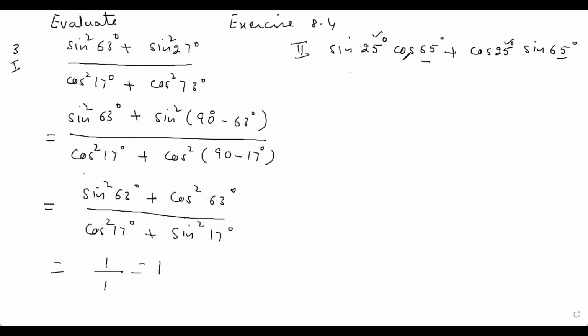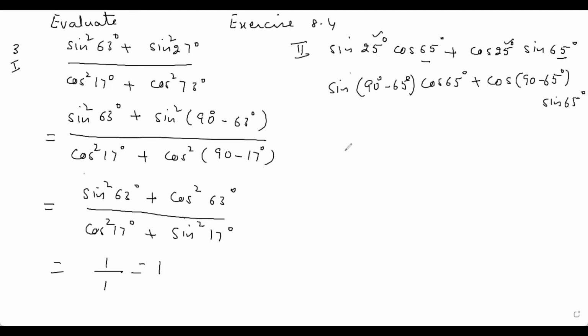So let me change 25 degree. So sin 25 degree can be written as sin (90 minus 65), cos 65 degree, plus cos (90 minus 65) and sin 65 degree.